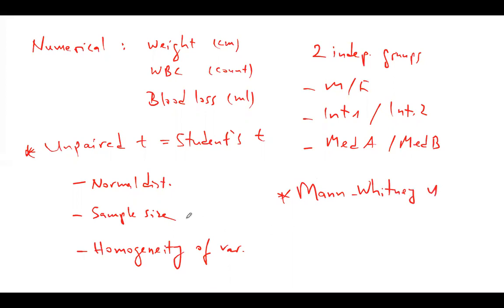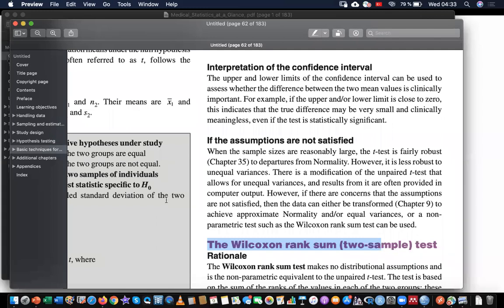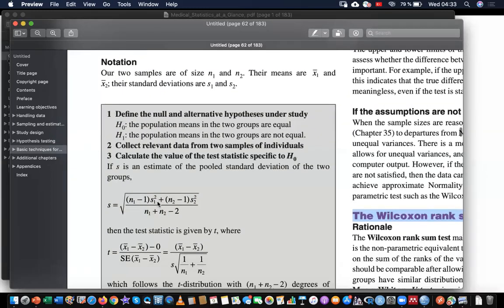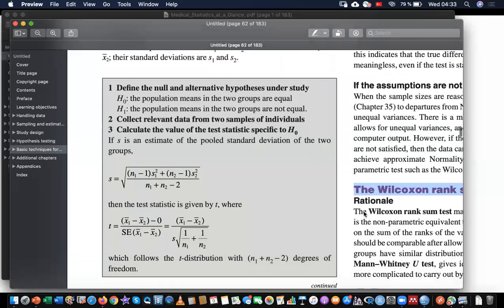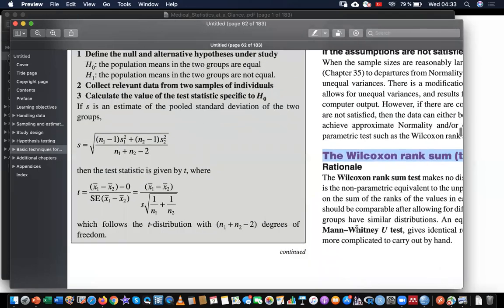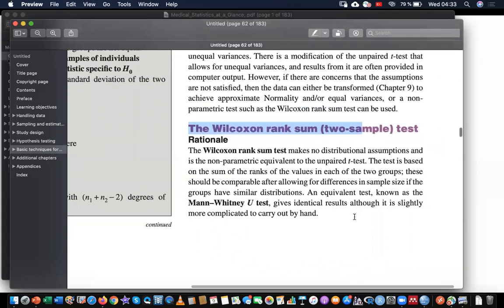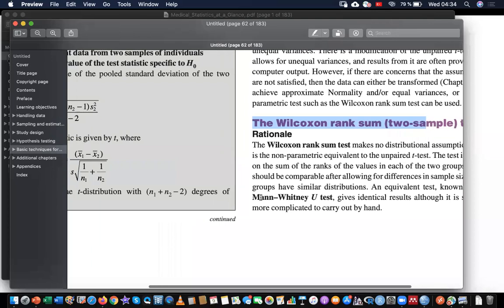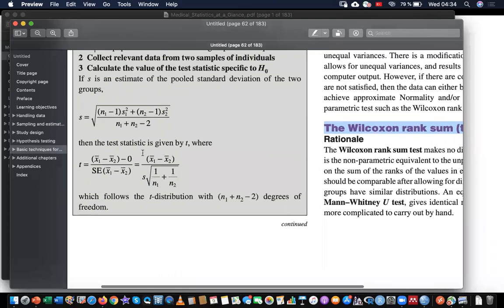Okay, so this is the non-parametric alternative. If I ask you, you will be able to tell me the Wilcoxon or the Mann-Whitney U test. You see here, they mentioned it also in the book. In the previous version it was not mentioned. An equivalent test is the Mann-Whitney U test, which gives identically the same results.